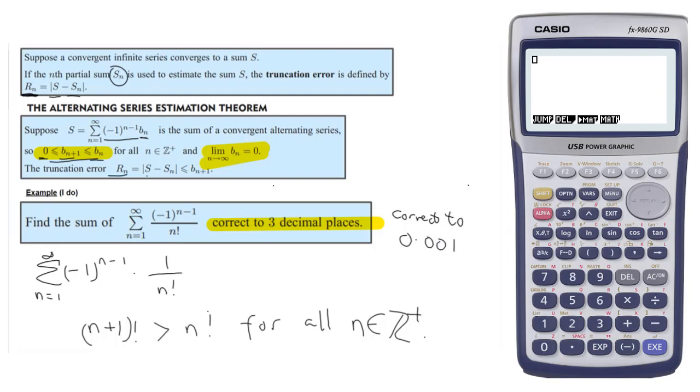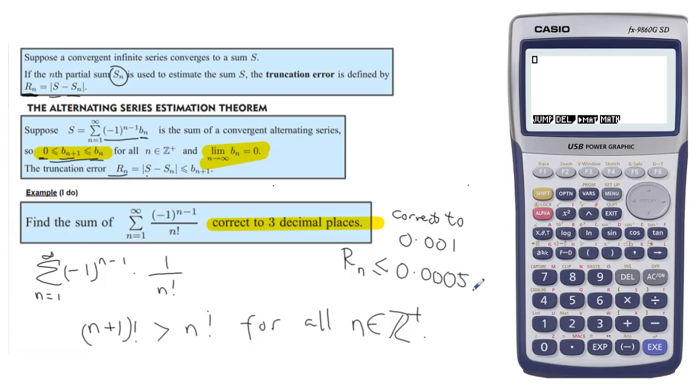So if we want it correct to the nearest 0.001, then that means that Rn, the truncation error, remember the error when you cut off the rest of the series, needs to be less than or equal to half of that. So half of 0.001 is 0.0005.